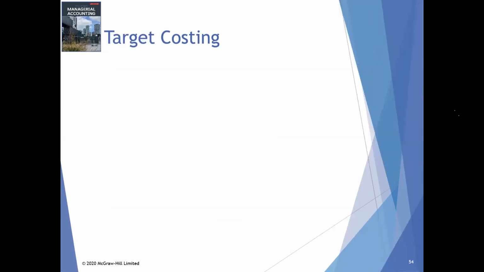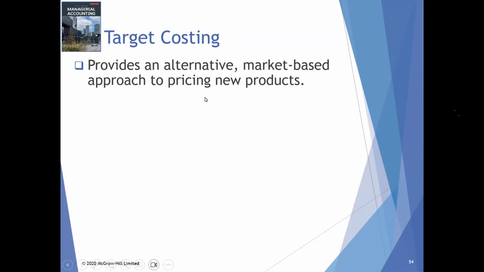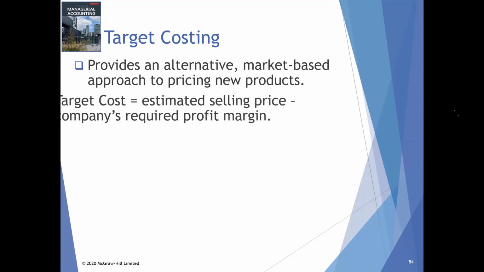Next, we have target costing. Target costing provides an alternative market-based approach to pricing a new product. So there is a different approach, a market-based approach, for pricing the new product, right?